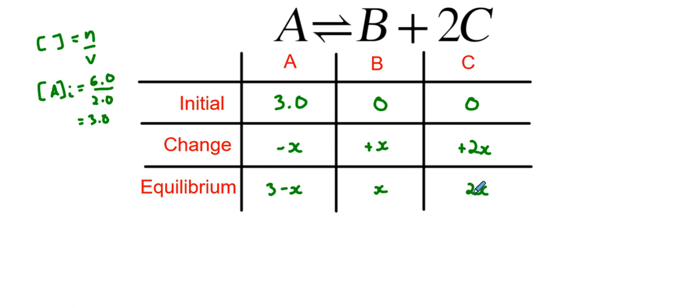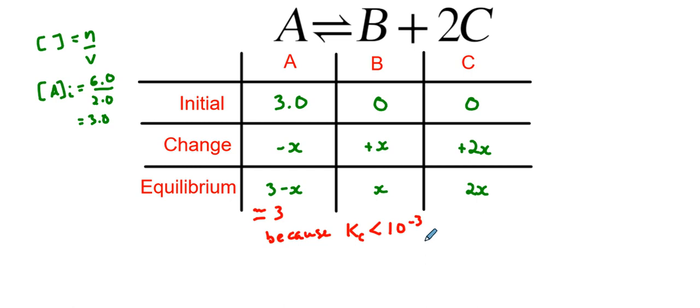Now, if we tried to solve this without this approximation, things would get a little bit more challenging. But because we have a small Kc value, we can make an assumption. We can assume that this value here is approximately just equal to 3. And we can make that assumption because Kc is small. And when we say small, it's a bit of an arbitrary value, but we're saying Kc less than 10 to the negative 3 is usually a good rule of thumb.